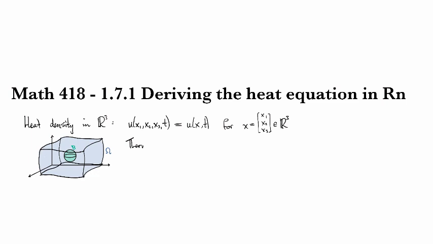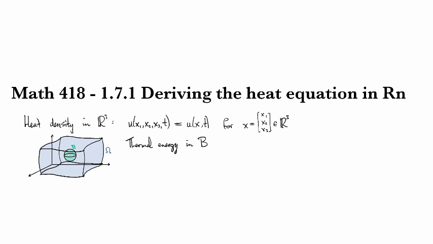And then the thermal energy that you get in some region is going to be the integral of the density over that region. And so if u is heat density, then c times rho times u is going to give us the thermal energy, and we're going to integrate this over B.